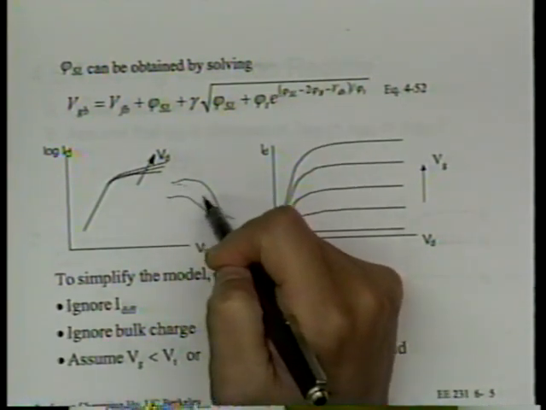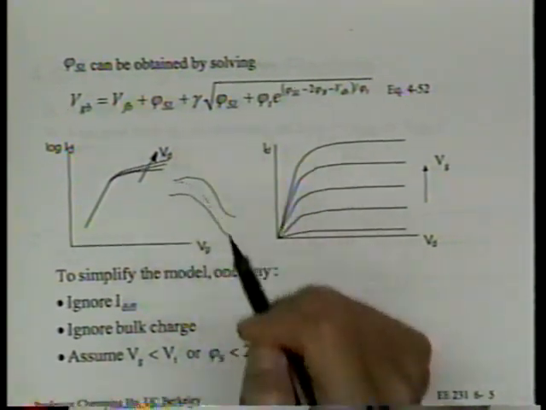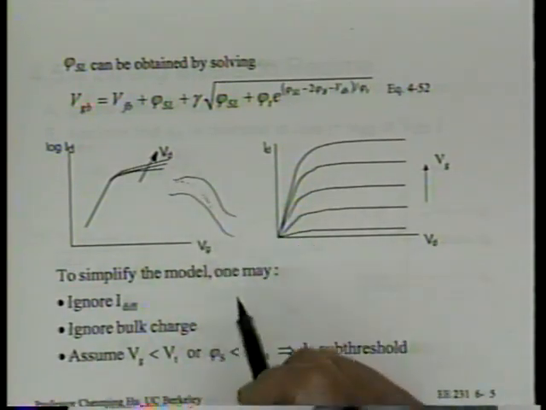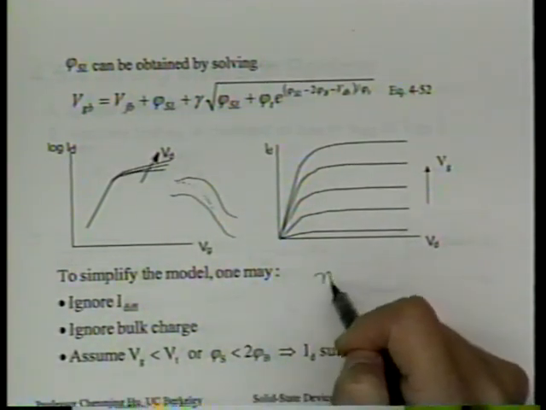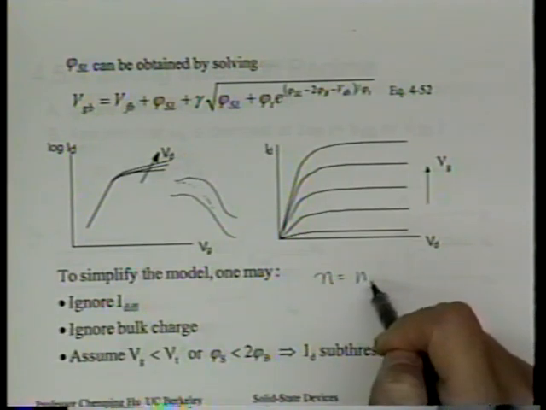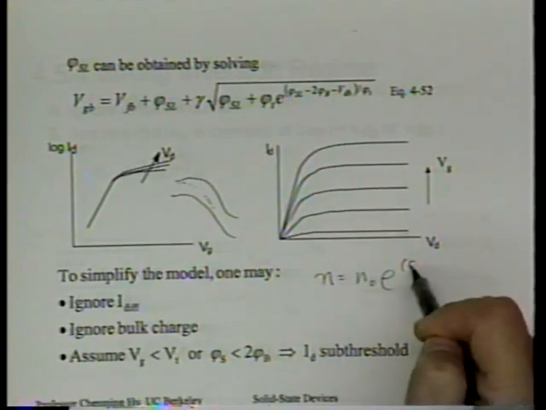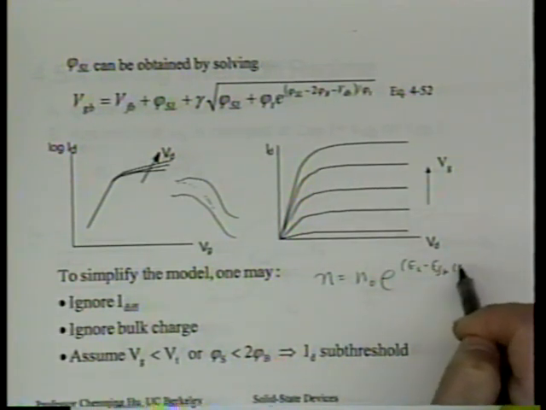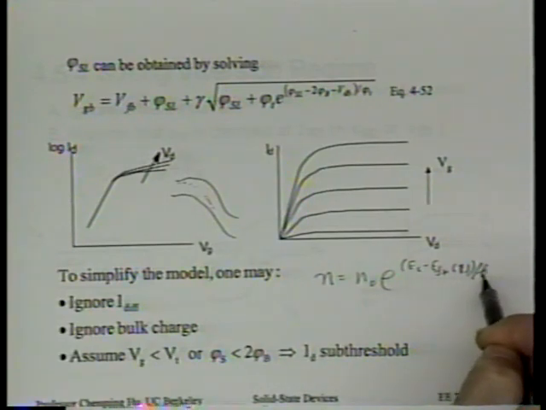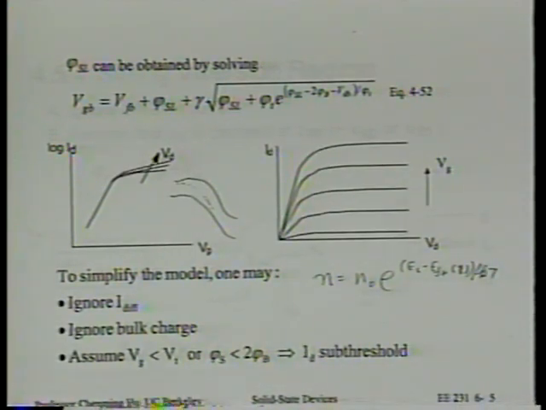In fact, we have to find out the quasi-Fermi level at every point along Y using the relationship between N and this quasi-Fermi level. That's how we do it. So it's not very useful. When it's not useful, we don't think about it.